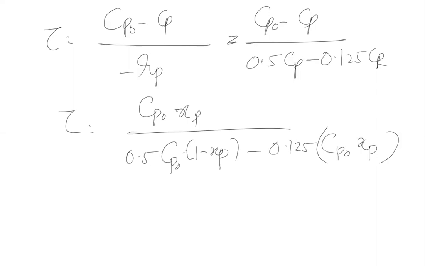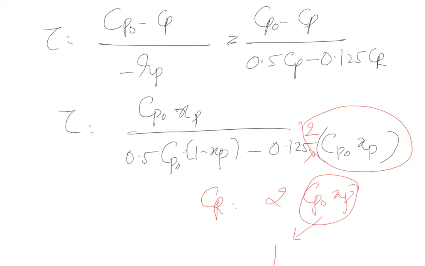You just wrote Cr wrong, no? Then what you should write here? Into 2. 2 Cp naught into Xp. So basically Cr is 2 Cp naught into Xp. Cp naught into Xp is P converted, and 2 into Cp naught into Xp is R formed.